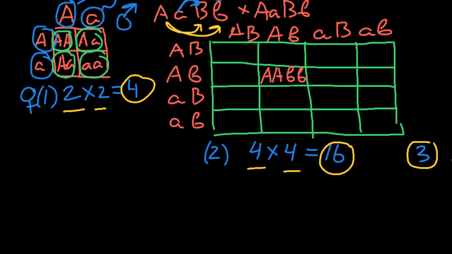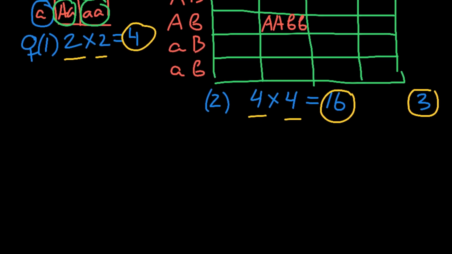Imagine that instead of 2 heterozygotes we have a parent 1 that is going to be heterozygous and parent 2 that is going to be homozygous recessive for the gene A. So once again, let's build a Punnett square.